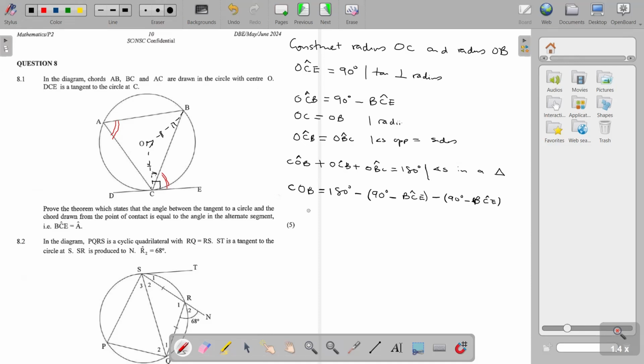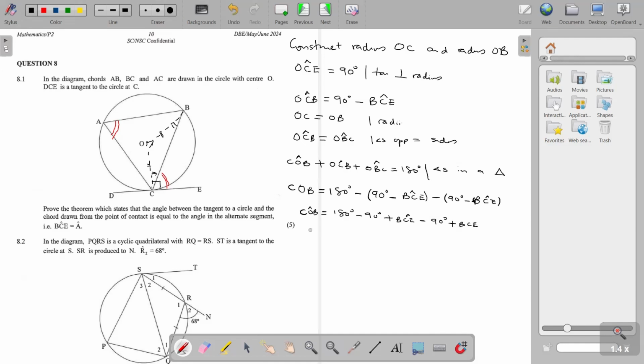When you expand, it therefore means that COB is equal to 180 degrees minus 90 degrees plus BCE, minus 90 degrees plus BCE.